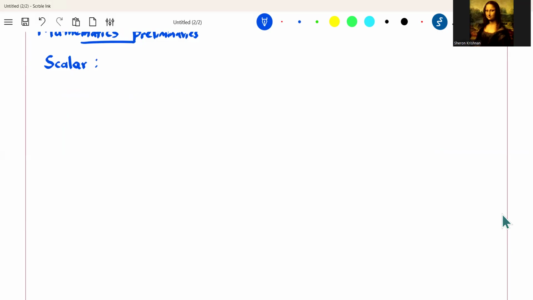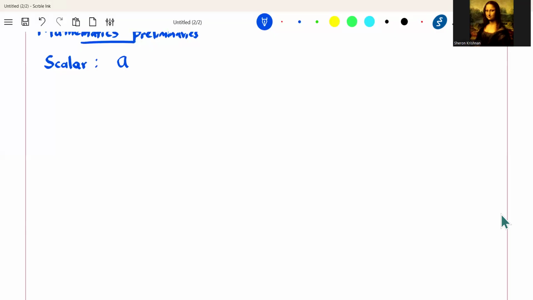Scalar here we represent by one lowercase letter. So this is how we define a scalar. Here we are discussing notation. There are more types of notation in mechanics, but here I'm going to discuss the index notation, because that is the most powerful tool.